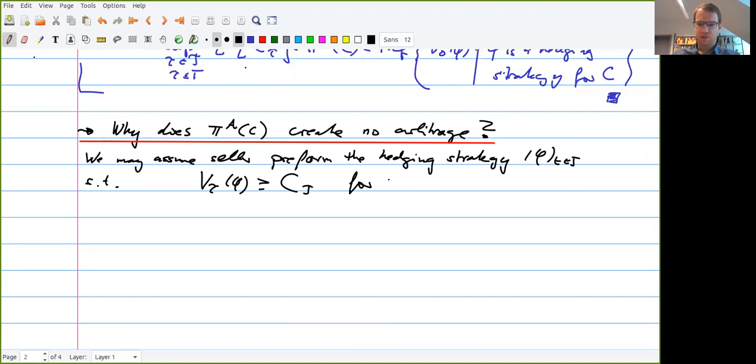So for all tau, a stopping time less than or equal to T. This is basically the perspective of the buyer. And now, what do we learn from this? Let's use our Doob's stopping theorem.